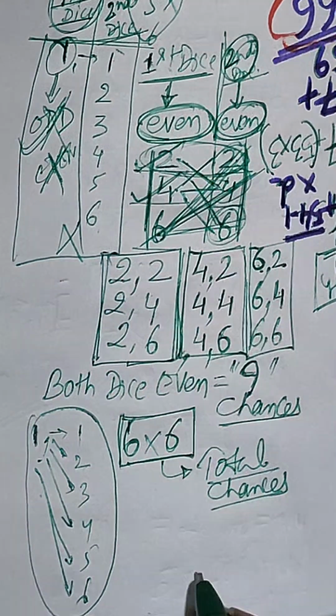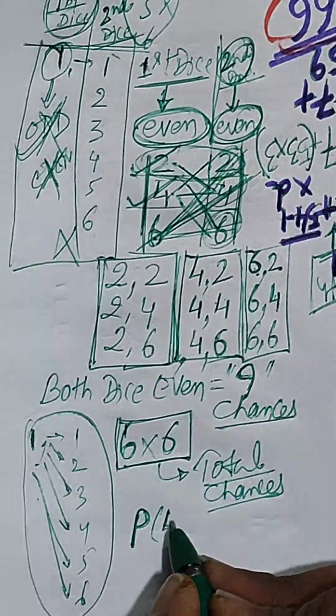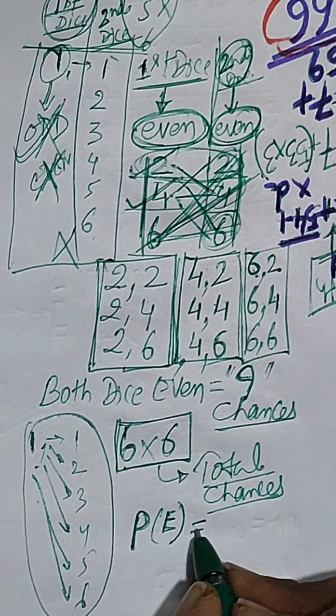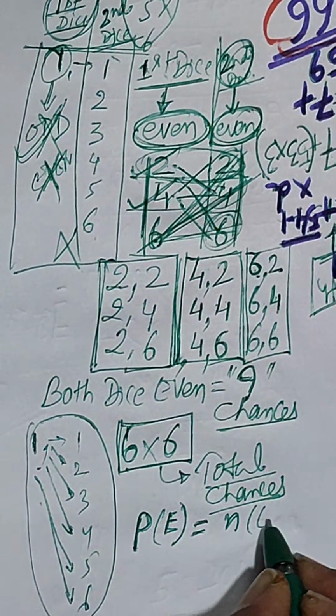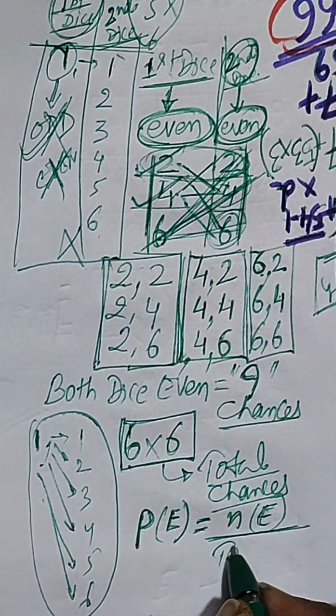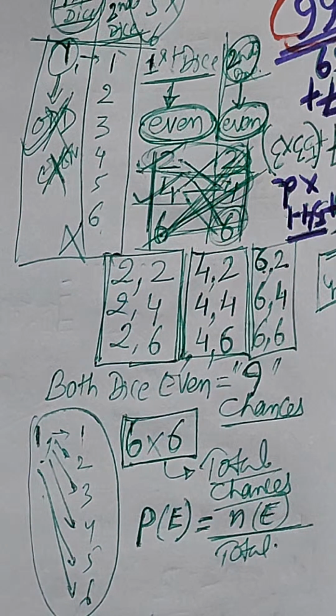And we know the definition of the probability of any particular event is the number of favorable events divided by the total number of such chances, right?